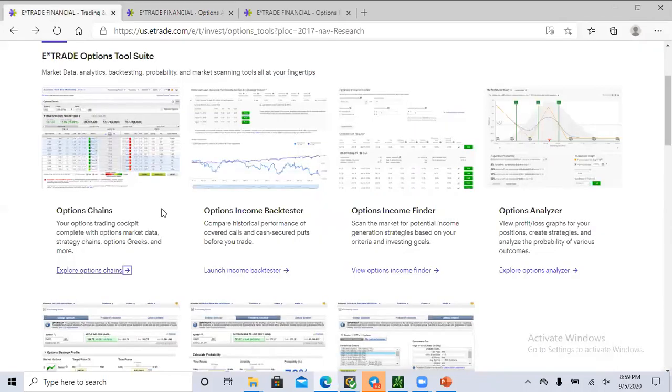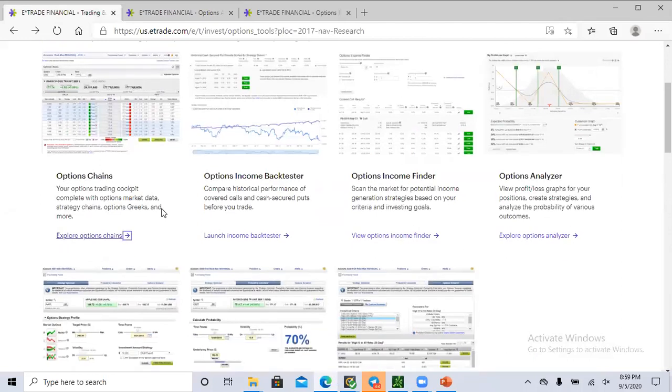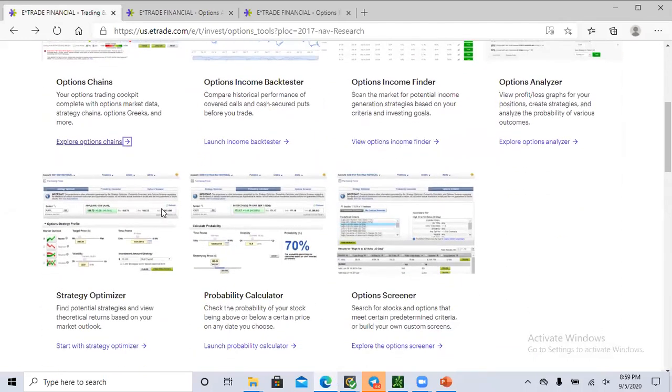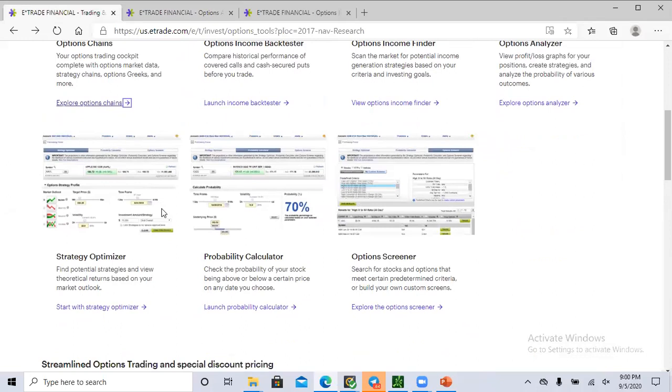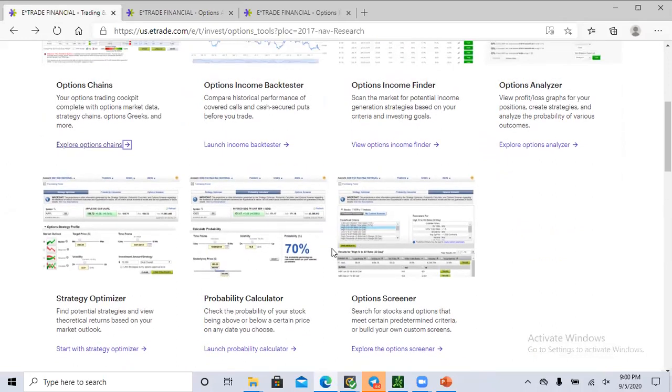But these are all the different tools that you can look at in E-Trade.